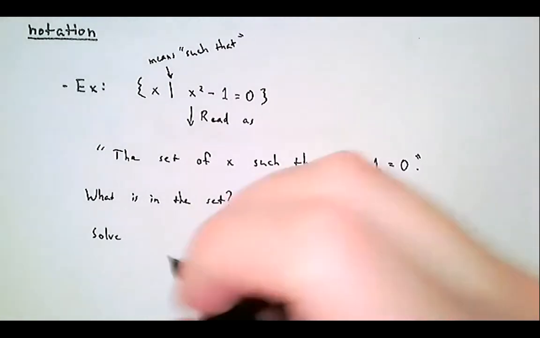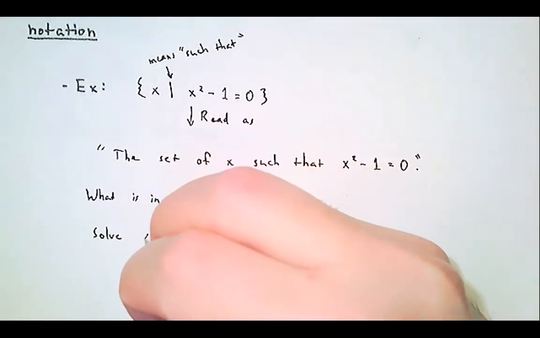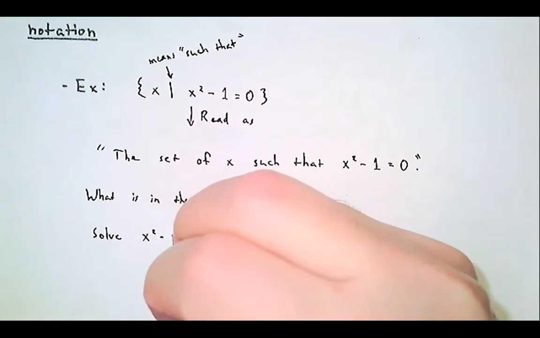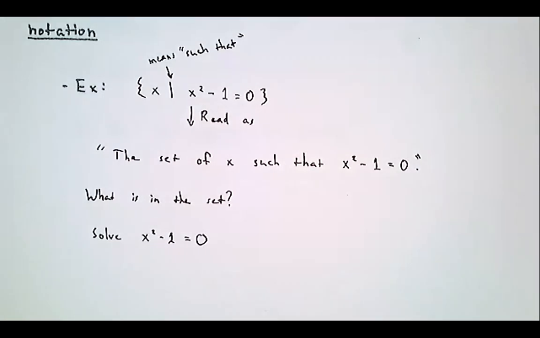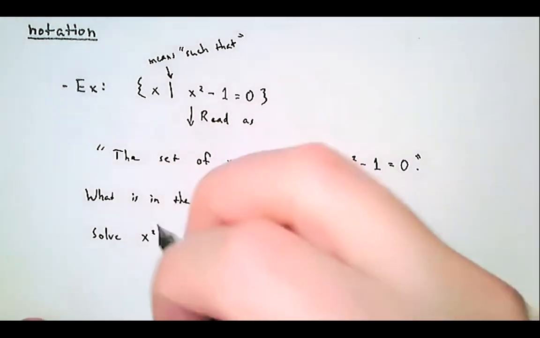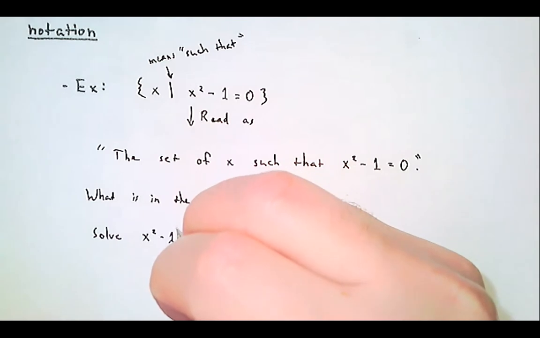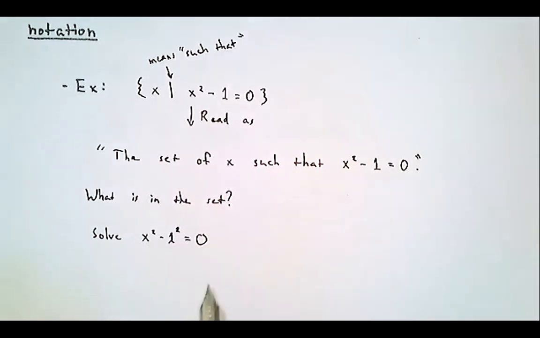Okay, so let's continue solving. Practice a little bit of our algebra skills. So x squared minus 1, that's what's called a difference of squares. We have x squared minus 1, and 1 is the same as 1 squared.